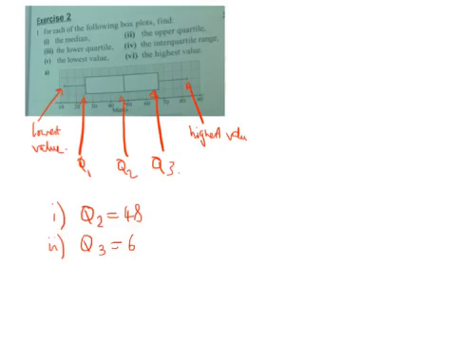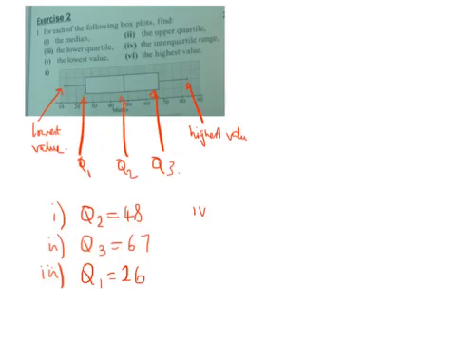Q3 is 67. Part 3 asks us the lower quartile, and the lower quartile is this line here, and that looks like that's 25, 26. So Q1 is 26.